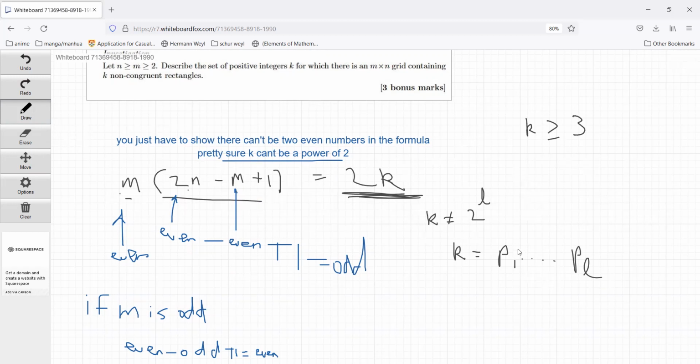Okay, so basically you have to consider the odd or any other prime factor of k besides 2.